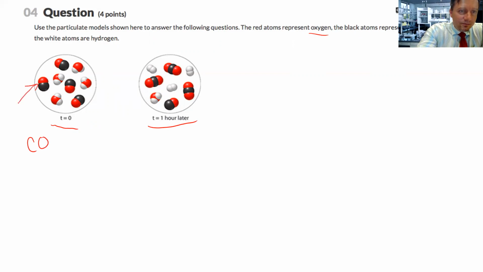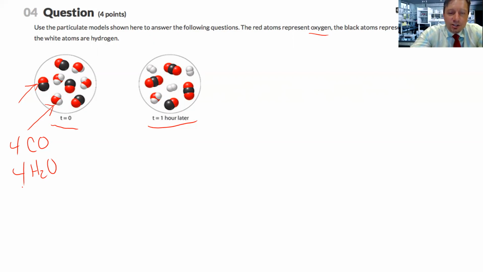Right here is carbon monoxide. I have water, H2O, which is right there. So when I look at this, I have 1, 2, 3, 4. So I have 4 carbon monoxide and I have 4 water molecules.